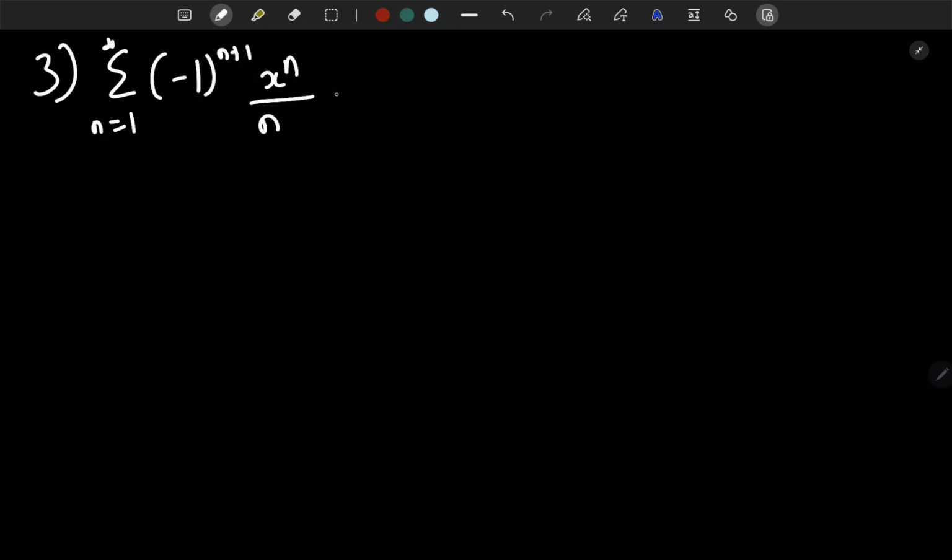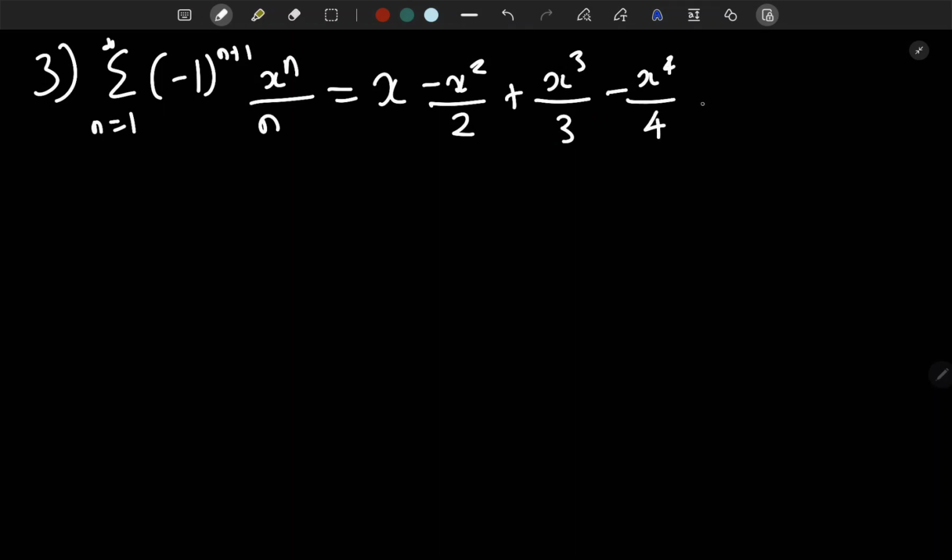So let's expand. Let's put n as 1, we get x. Let's put n as 2, we will get negative x squared over 2, and the next term will be x to the power of 3 over 3, minus x to the power of 4 over 4, and so on.